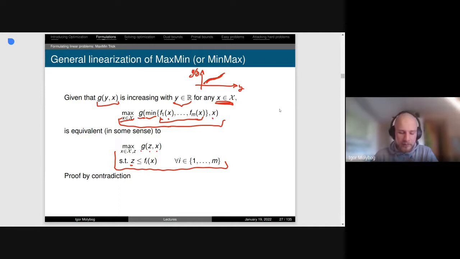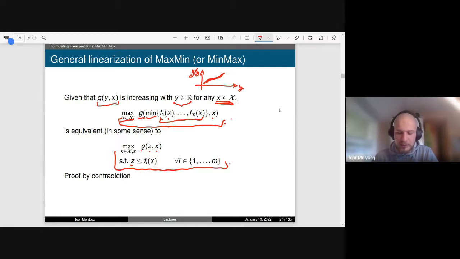This statement can be proven. I will do this, I think, next time. It's not strictly necessary, but I feel like this could be of interest. Before the next lecture, you can think about how these two problems can be related.